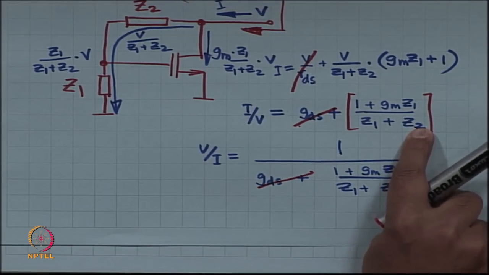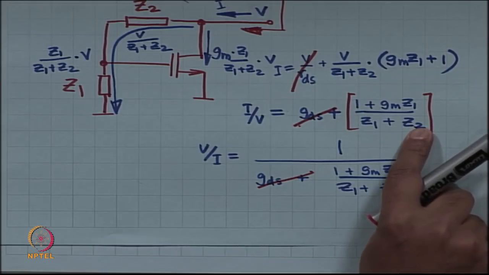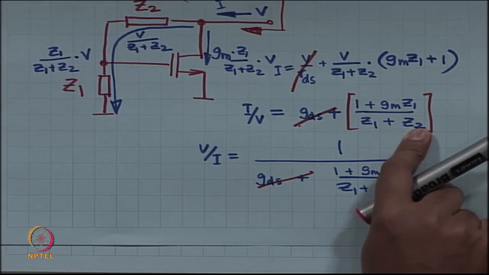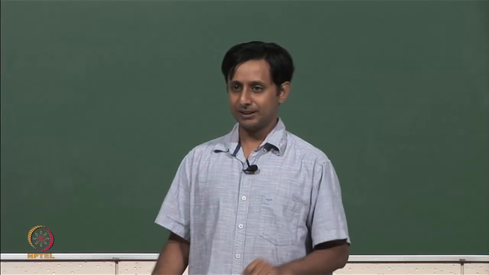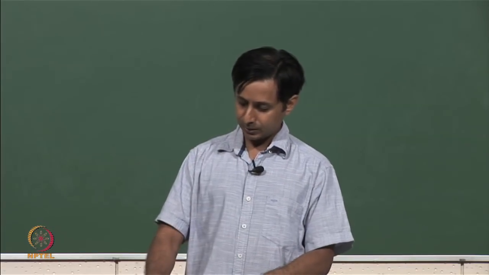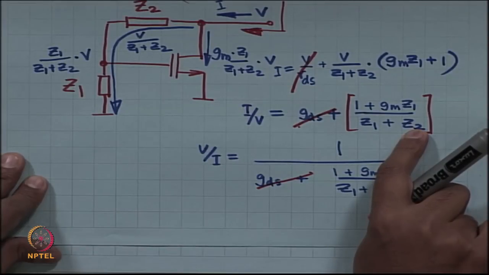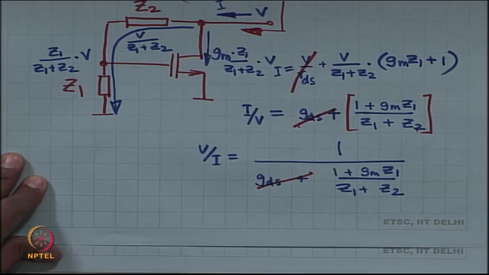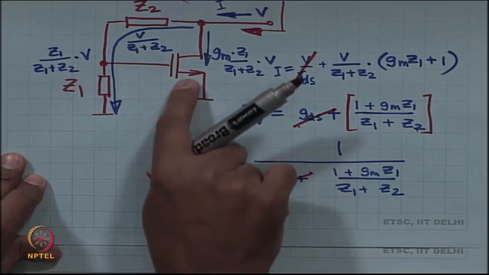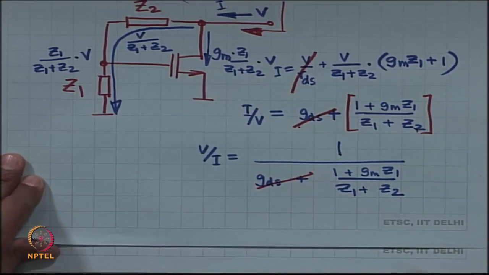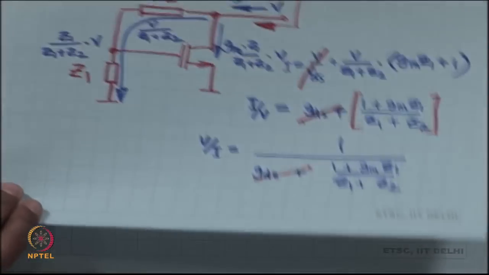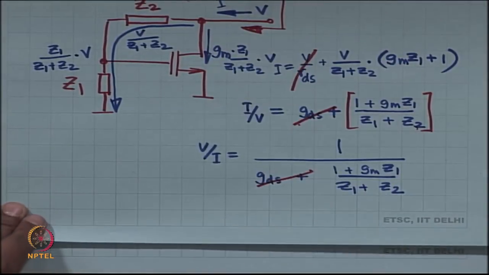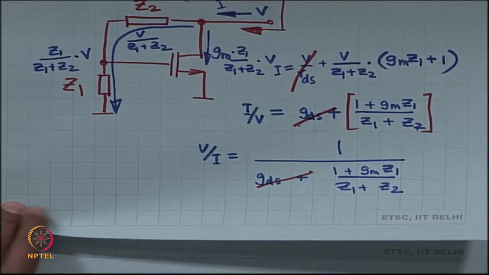Right, this is a sanity check. Sometimes you need to do these sanity checks just to see that you are in the right path. Okay, you plug in Z2 equal to infinity. Then immediately I see I by V is equal to 0, which means that the MOSFET does not respond when I apply voltage at the output. Okay, I have de-embedded RDS completely.